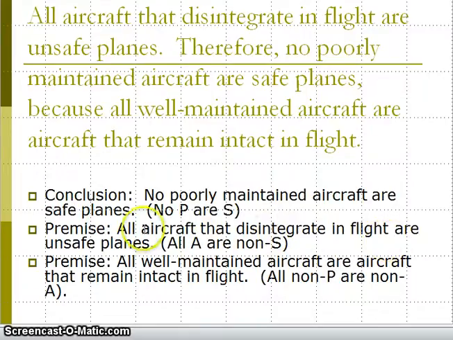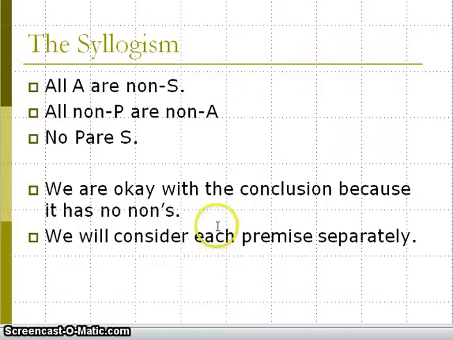We've already used that as A, so aircraft that remain intact would be non-A's. So when we put it all together, our syllogism says: premise 1, all A are non-S. Premise 2, all non-P are non-A. Conclusion, no P are S.